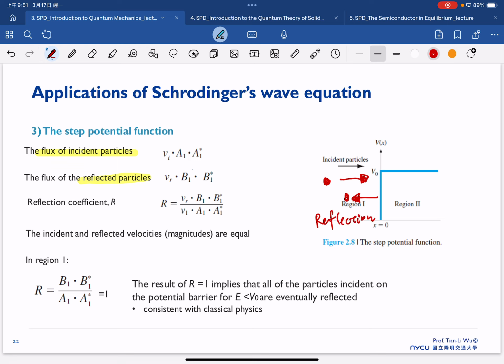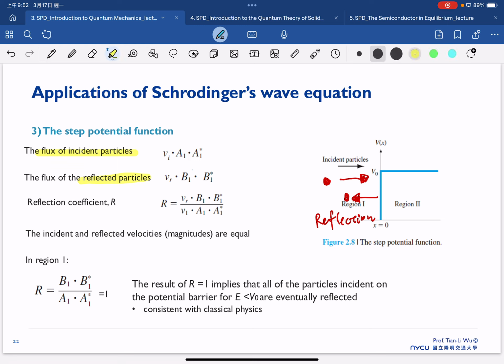This is pretty fitting for our conventional Newtonian physics. As I said, the only difference between Newtonian and quantum physics is just the matter of tunneling, but the rest of the things are very similar. In Newtonian physics, we have the concept of reflection, and in quantum physics, we also have the concept of reflection.